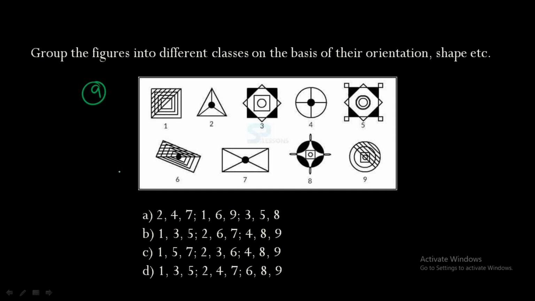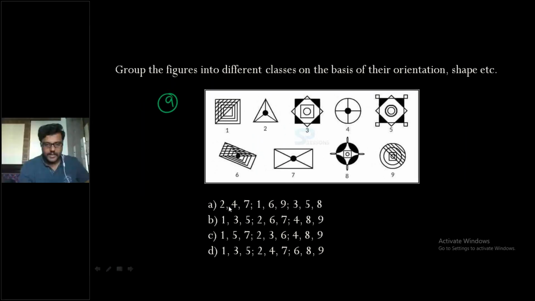If you check this one, my dear friends, we can say 1, 6, 9 are similar, and 2, 4, 7 have dots in the center. Then 3, 5, 8 are similar. You just see the group. We can find option A is suitable. Got it?